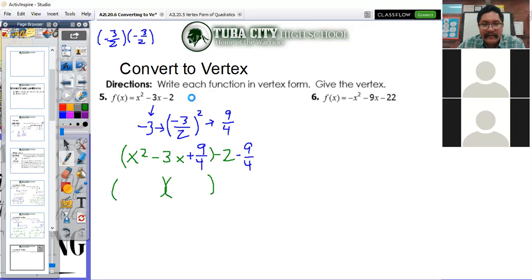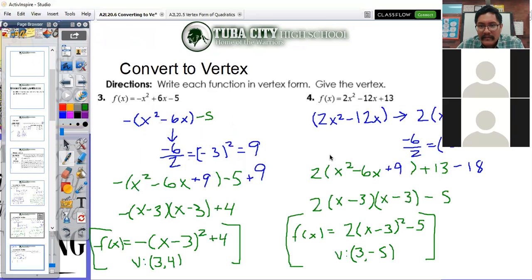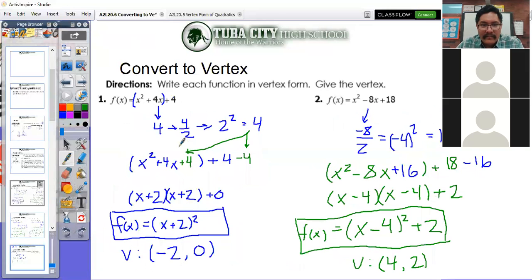if you look at the pattern of what's going on, when you take your 6, half it, and square it, you basically do that same thing the other way. So let me see if I can find a really good example of it. Probably this one here.